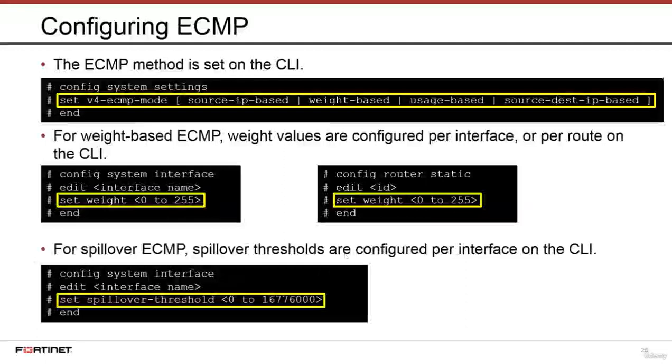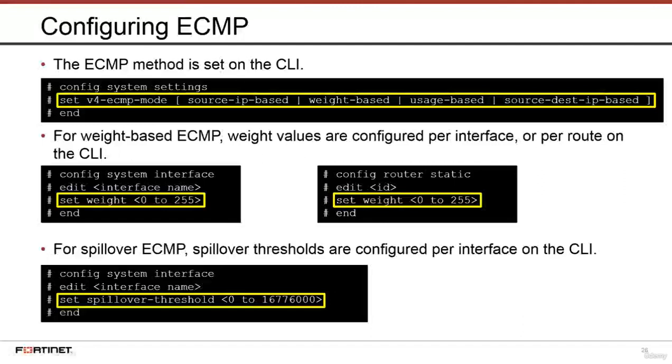Configuring ECMP. The ECMP method is set on the CLI. For weight-based ECMP, weight values are configured per interface per route on the CLI. For spillover, ECMP spillover thresholds are configured per interface on the CLI. FortiGate uses source IP based as the default ECMP method.